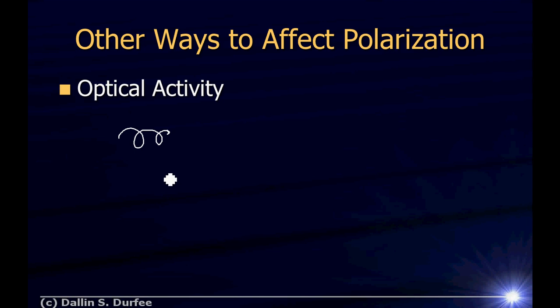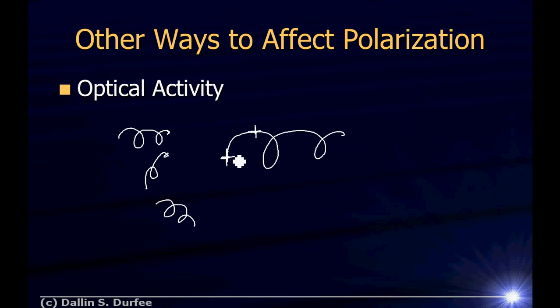So if you put a bunch of sugar molecules in water, dissolve them, and you send your light through, you can kind of imagine this sugar molecule: electrons can move up and down here, but they can't move that way. Here electrons can move like this, but they can't move that way. So it's almost like you have a stack of polarizers that pass light this way, this way, this way, and so on.